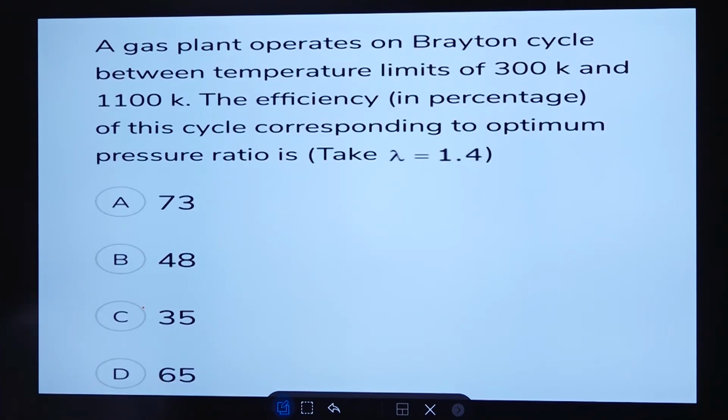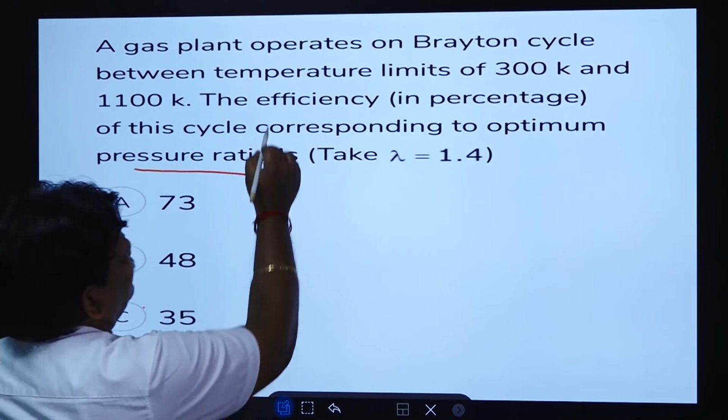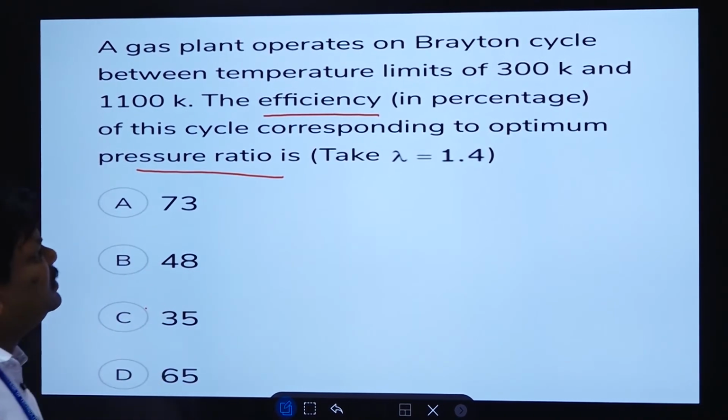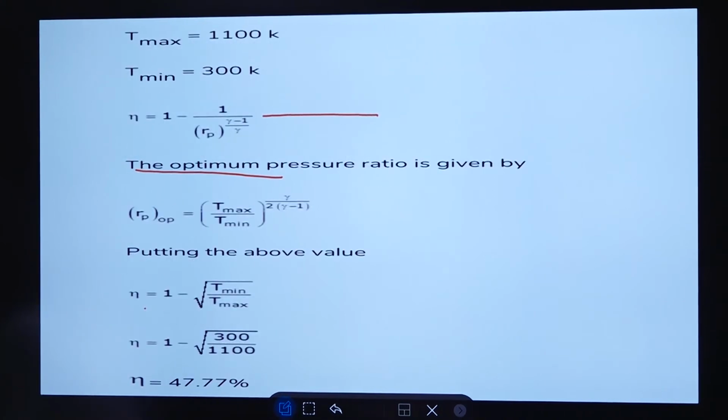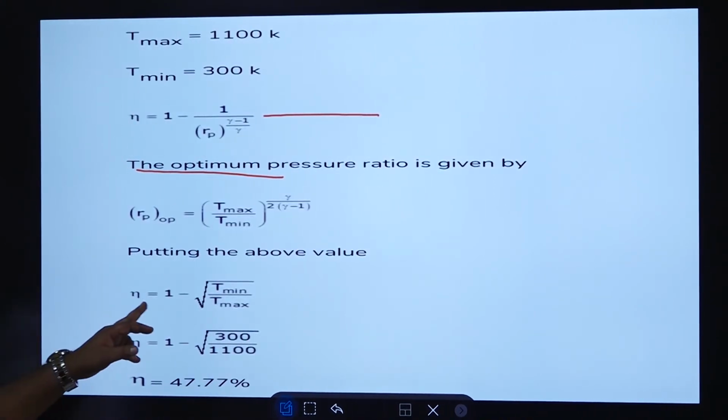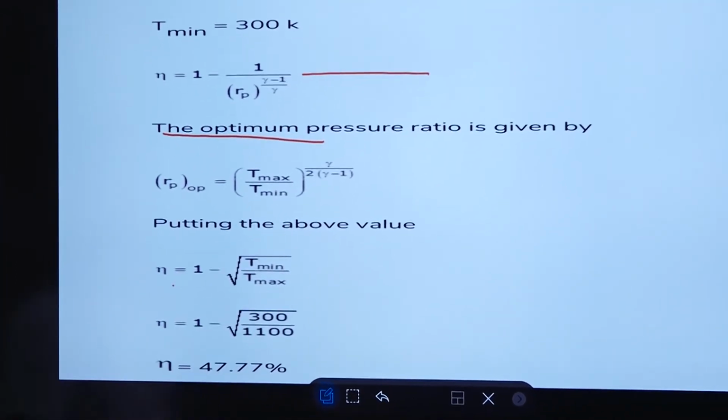Okay, next is a gas plant operates on a Brayton cycle between the temperature limits of 300 Kelvin and 1100 Kelvin. The efficiency of the cycle corresponding to the optimum pressure ratio. You have to find the efficiency in terms of percentage. So efficiency is 1 minus T minimum by T maximum.